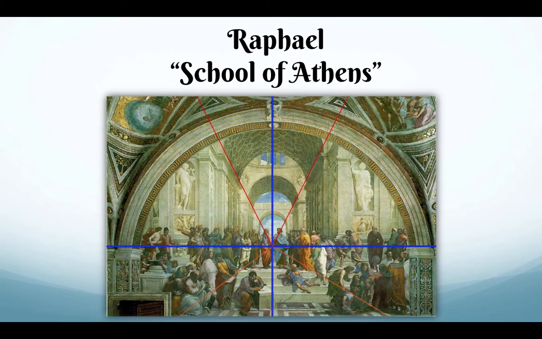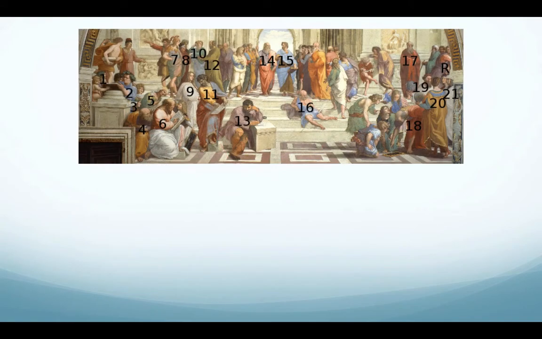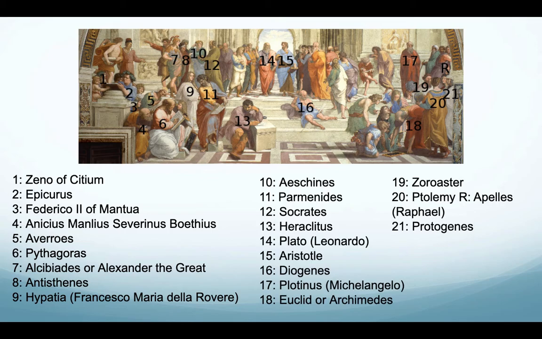So let's look at this. This shows you who is who. So you've got different types of people, a lot of philosophers, a lot of theorists. One of the things that's interesting is that he didn't know what everybody looked like. Nobody really knows what Plato or Socrates or anybody looks like. And so he used faces of his friends and he painted those guys. Like number 14 is actually Leonardo da Vinci.